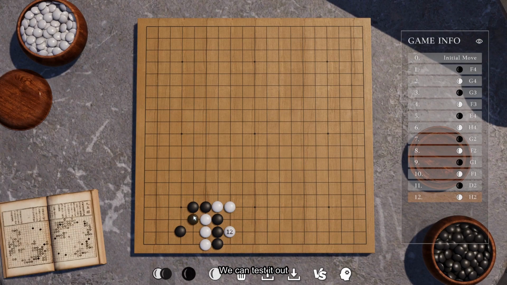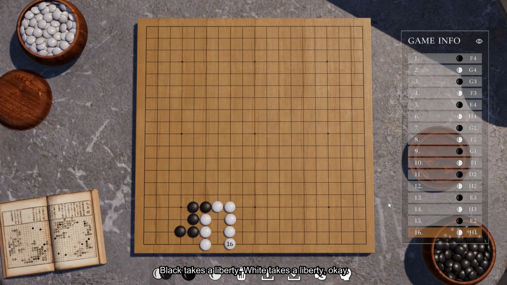We can test it out. Black takes, white takes. Black takes a liberty, white takes a liberty. Okay. So first of all, we must firmly remember, during a battle for life, if liberties are equal, whoever moves first wins.